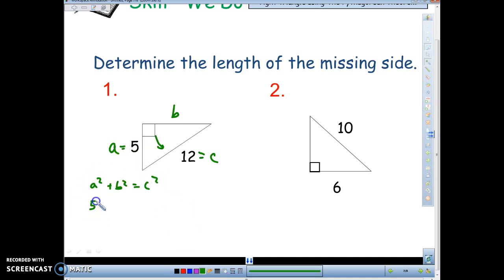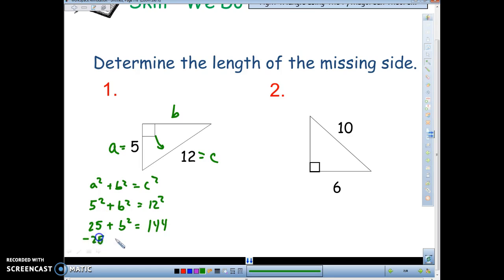A is 5, so 5 squared plus b squared is equal to 12 squared. Computing this, 25 plus b squared is equal to 144.